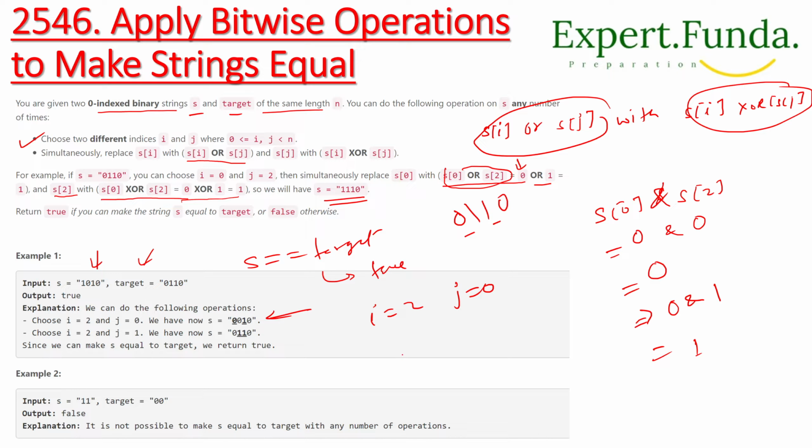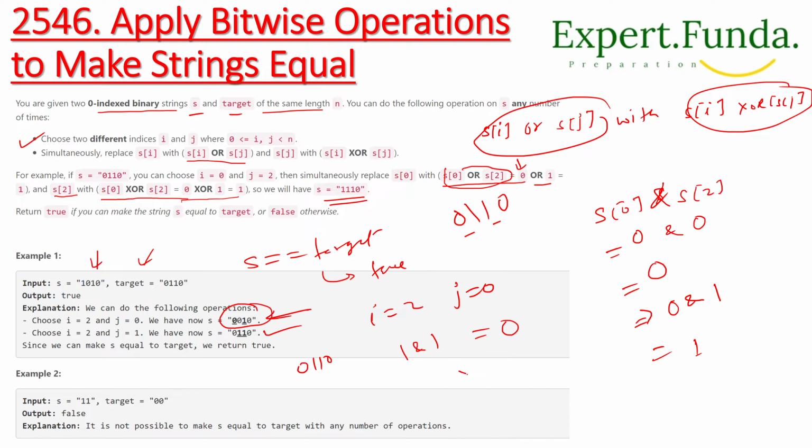At position 0 we have 1, and at j we also have 1, so the result will be 0. Similarly we can do it for the last position. Applying it again two times, it will become 0 1 1 0.